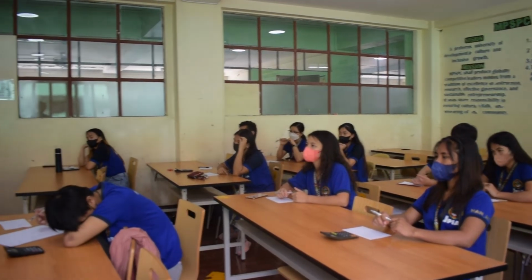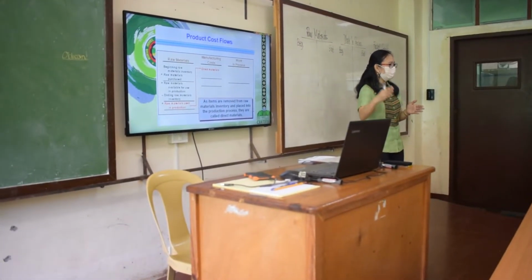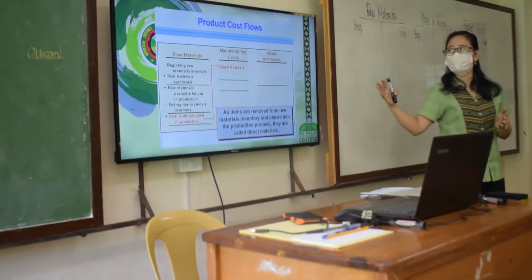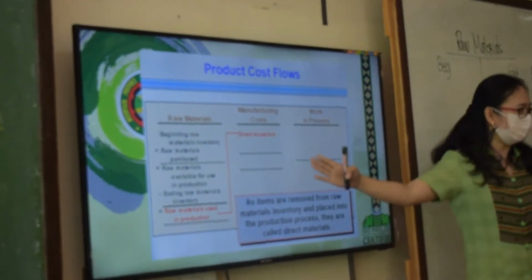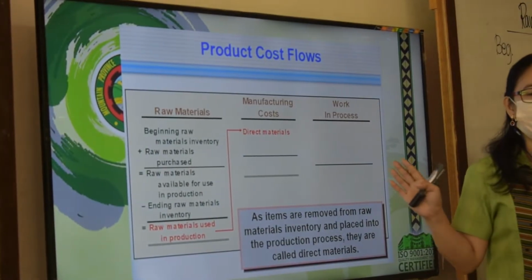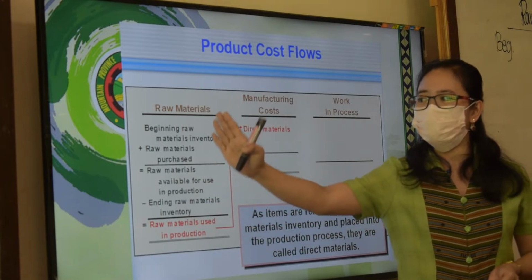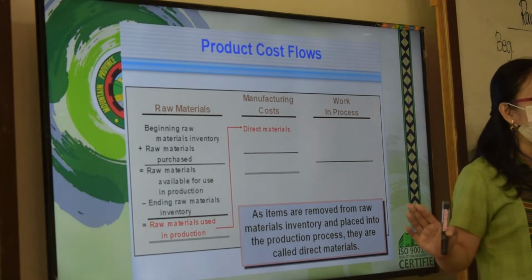Okay? This is a flow chart, but it doesn't fit on one slide. So it is a series of 3 or 4 slides presenting the product cost flow from the raw material up to the finished goods. This one deals with the raw materials. So take a look at the formula.